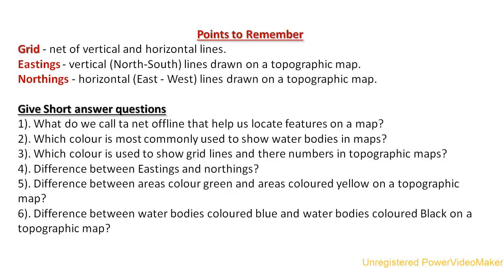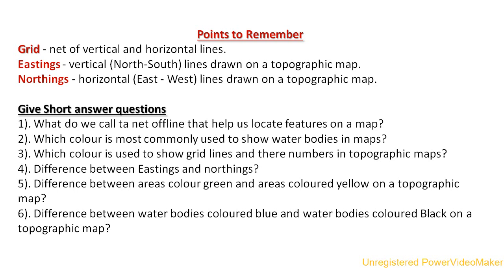So here we are going to conclude this session. In this video we have two parts, the third part and the fourth part. In the third part we studied some topics including the grid and the direction.